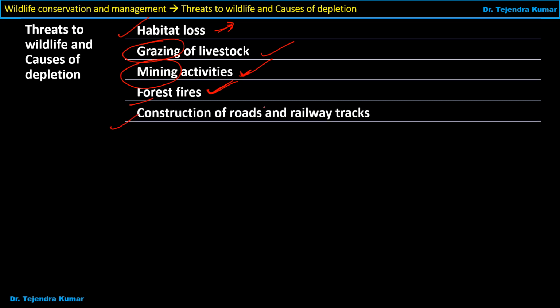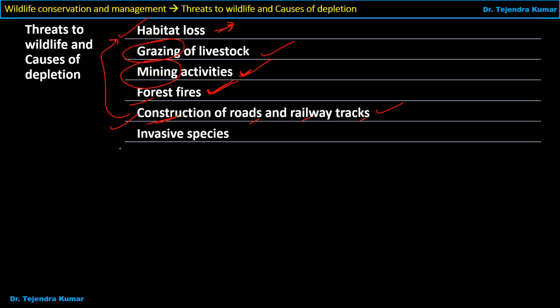Next, construction of roads and railway tracks. We have commonly seen, as I told you in one example in habitat loss as well, that construction and development activities always cause losses of forests. Next, invasive species.